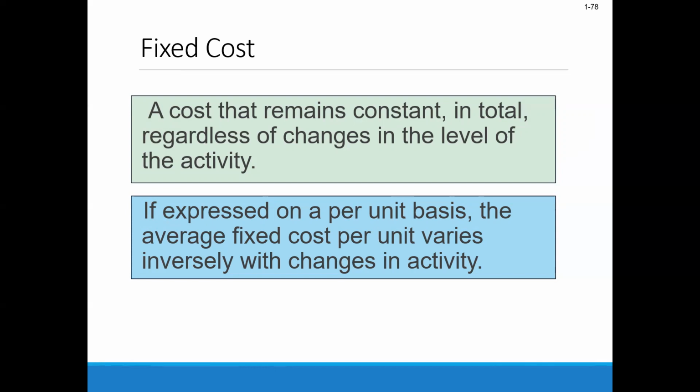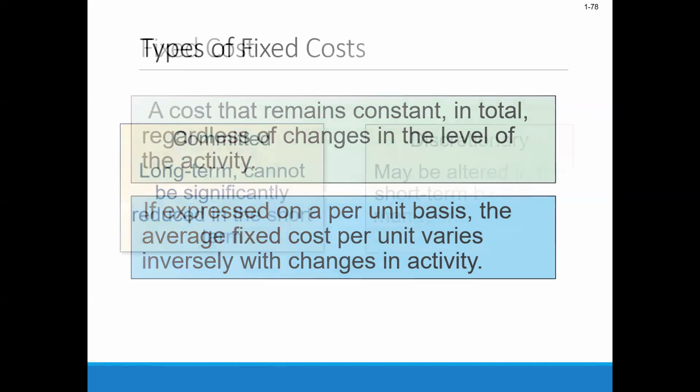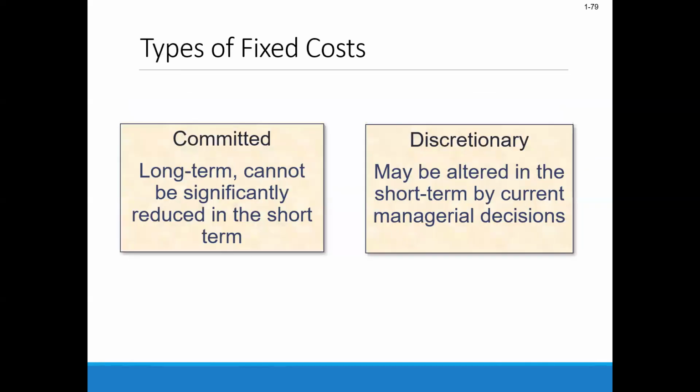That's a fixed cost. Make sense? Types of fixed costs can be committed, long-term, and cannot be significantly reduced in the short term, like rent. Discretionary fixed costs may be altered in the short term by current managerial decisions.